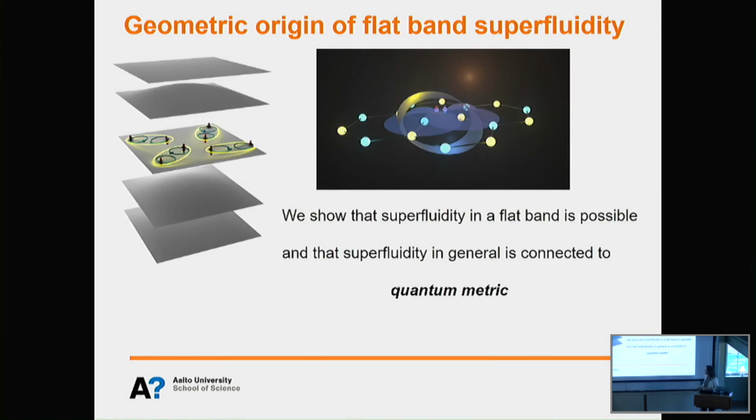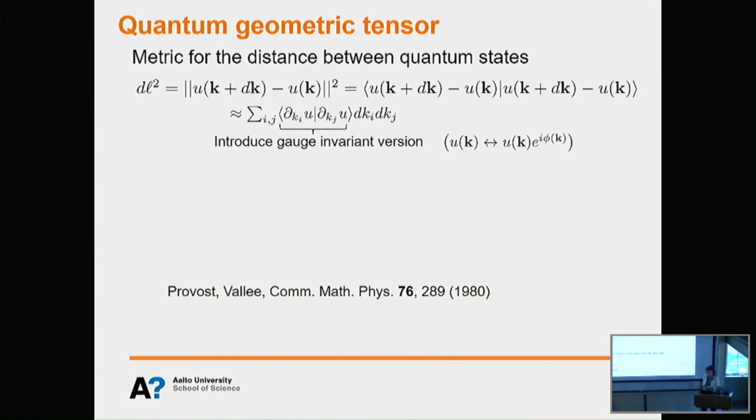And here is again the main message of our investigations. We can show that indeed there is superfluidity in a flat band, and that in general it is connected to a quantity called quantum metric. And what's that? Well, it is what the name says.